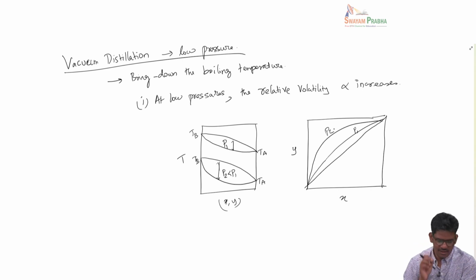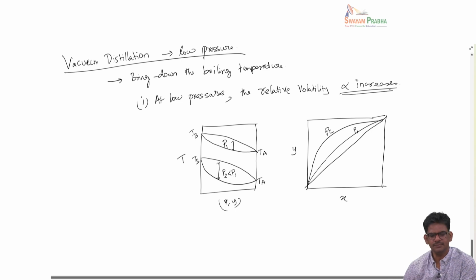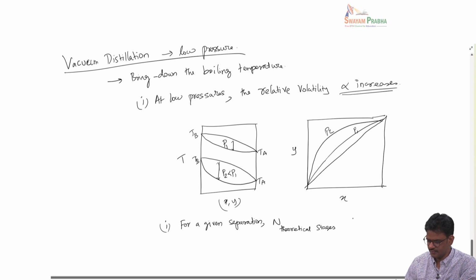Now, what are the things that we can do if alpha can be increased? For a given separation, the number of theoretical stages comes down.